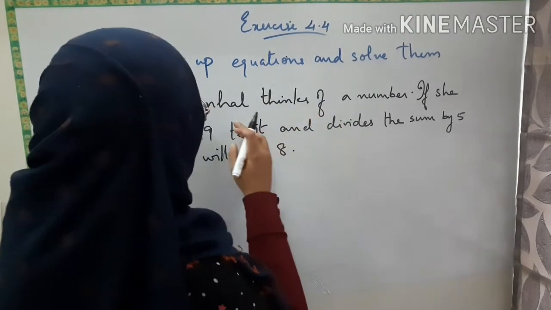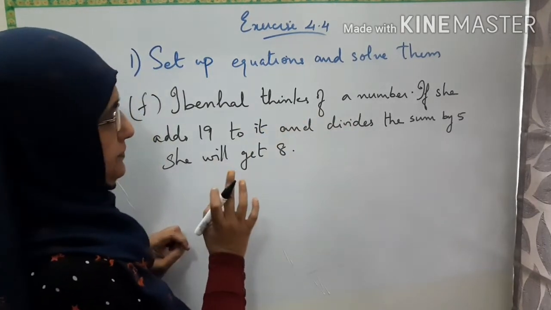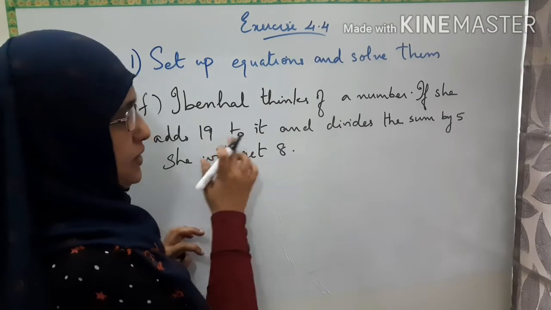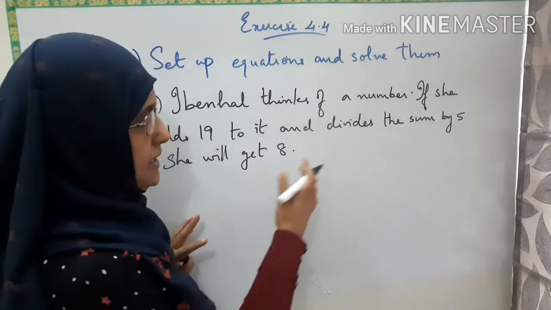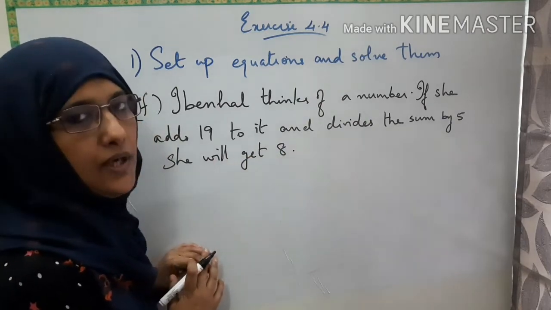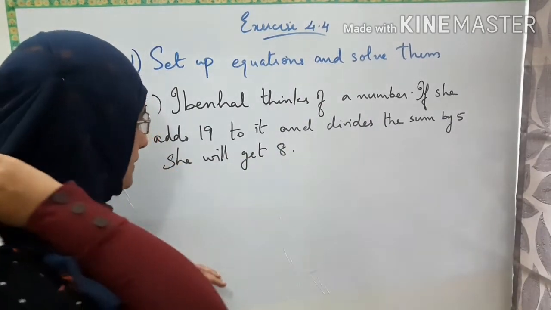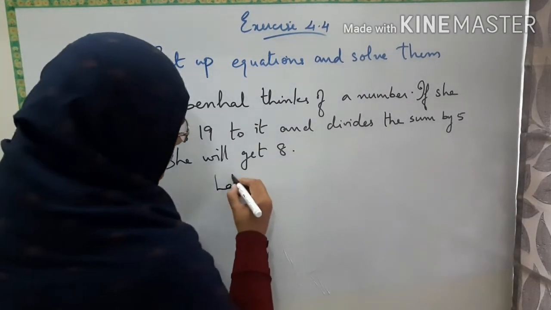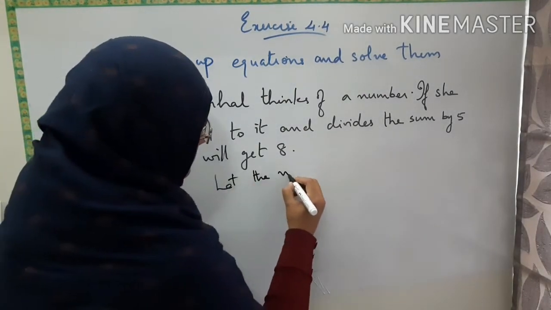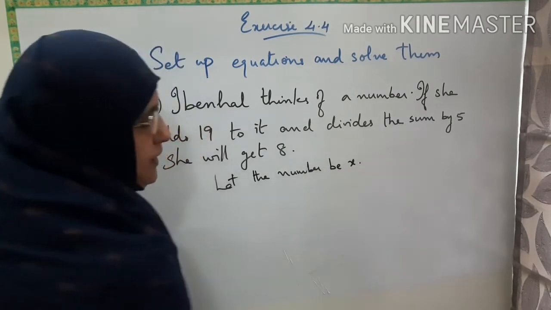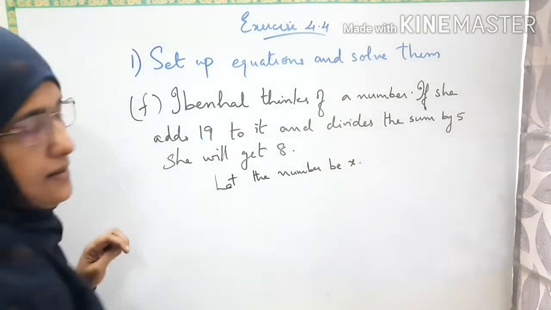And the next one. Ibehel thinks of a number. If she adds 19 to it and divides the sum by 5, she will get 8. You have to find the number which she thought of. So how will you find it? Let the number be x.